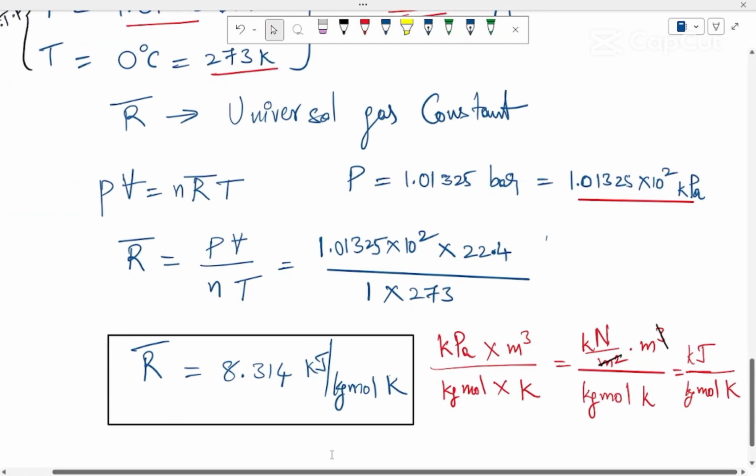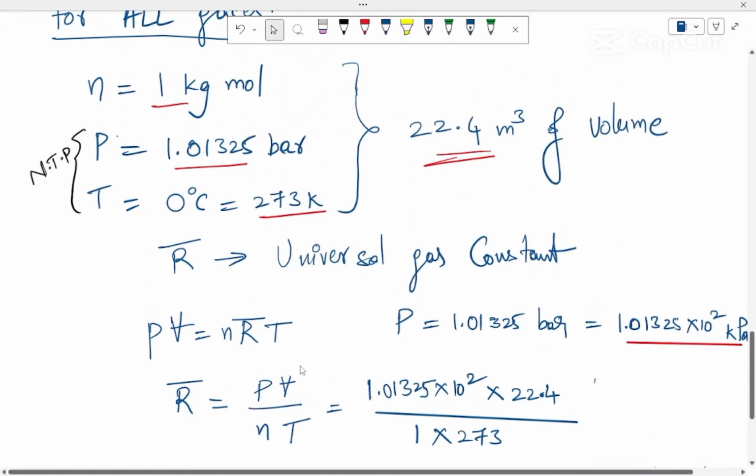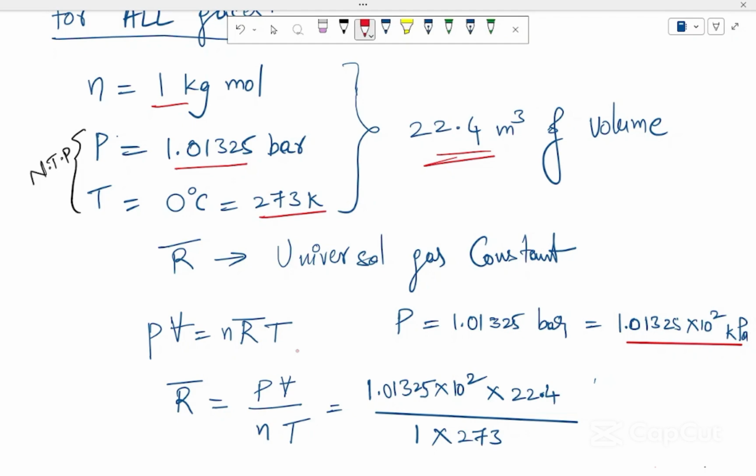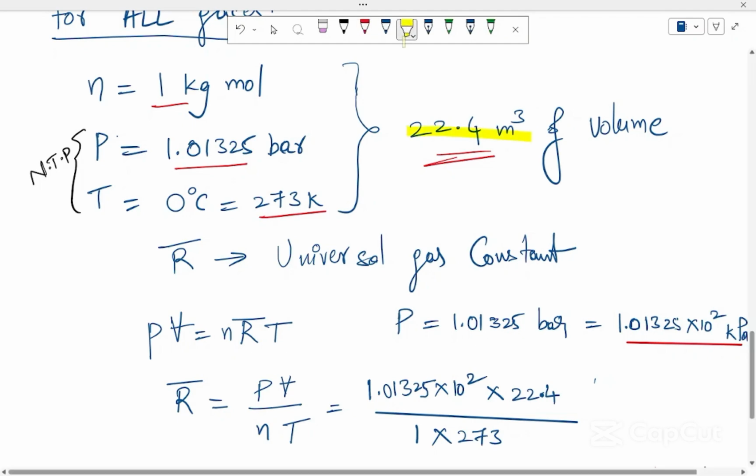So with this we understand what the universal gas constant is, and it is the same for all gases, because according to Avogadro's law, you will always have this much volume. The volume is 22.4, a very key number that you will use in the properties of gases and mixtures of gases.